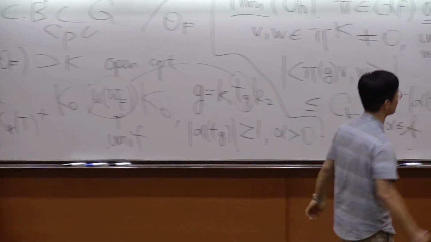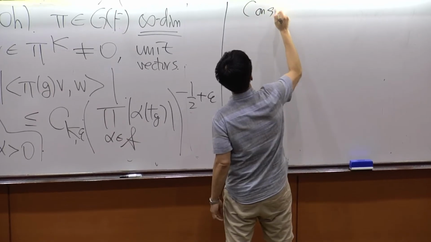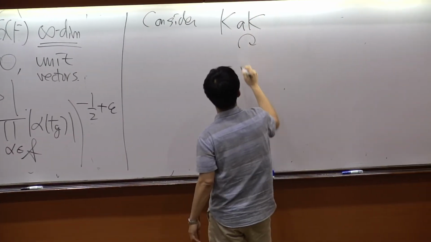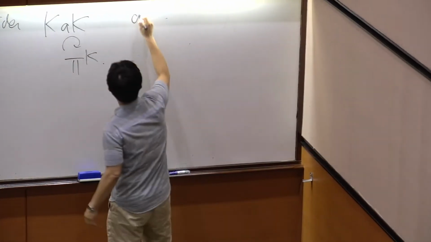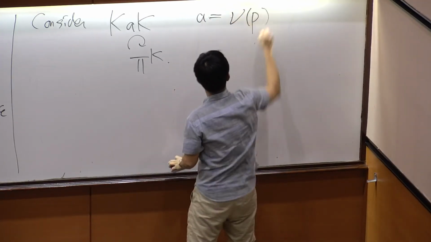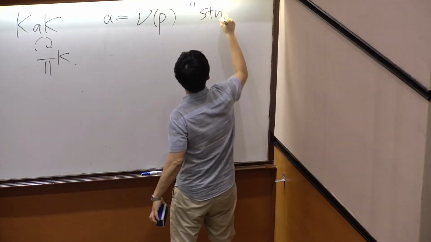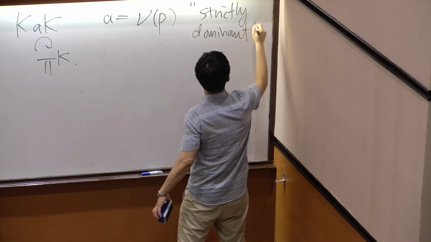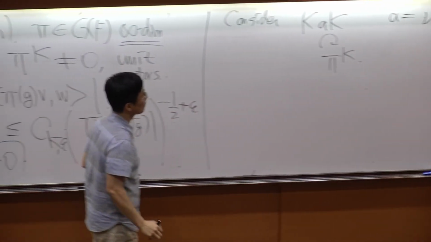So that brings us to the next result by Bernstein. So the idea is, you look at the double coset action on pi^K, which is a finite dimensional space, where it's enough to consider this for A equals nu(varpi), where nu is a positive cocharacter and qualifies to be strictly dominant, whatever that means. But you just take nu(varpi) and it satisfies the condition.